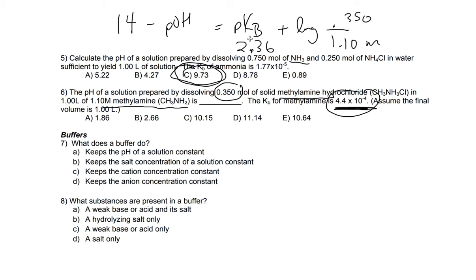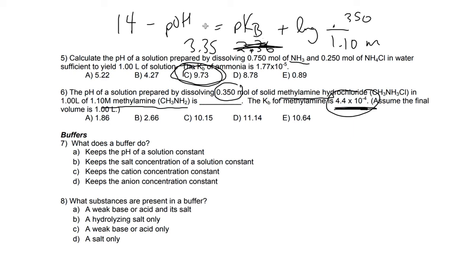I wonder what I'm doing wrong. 4.4 E to the negative 4. Boom, log. Oh, it's 3.35. I did have it right the first time. 3.35. I'm going 0.350 divided by 1.10, log.